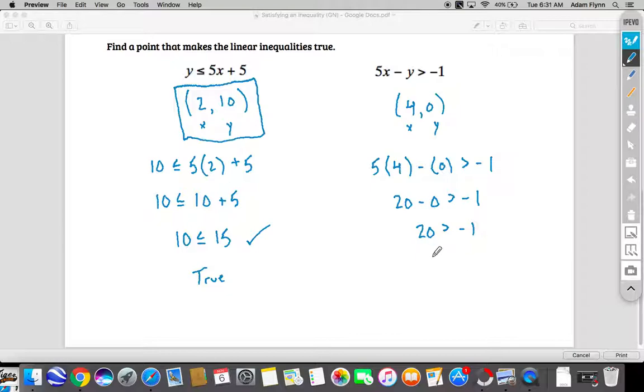So now I'll evaluate. 20 is greater than negative 1. This is true. Okay, so that means this point, (4, 0), will satisfy my inequality. At this point, I would move on to the example video for satisfying an inequality.